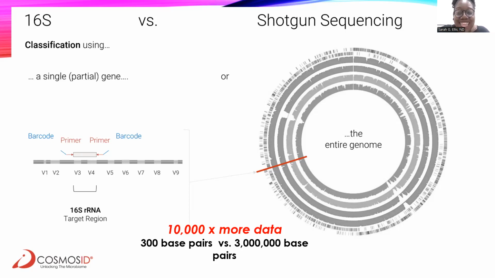And it actually takes about 2,000 to 400 base pairs to make one bacterial gene. So whole genome sequencing actually analyzes thousands of bacterial genes, whereas 16S really only analyzes 3/20ths of one single gene. That's 10,000 times more data through whole genome sequencing compared to 16S.